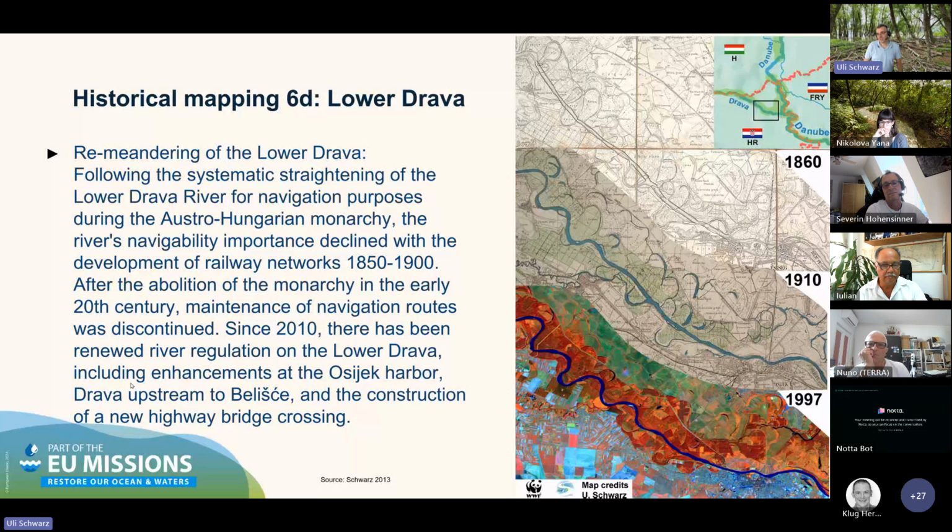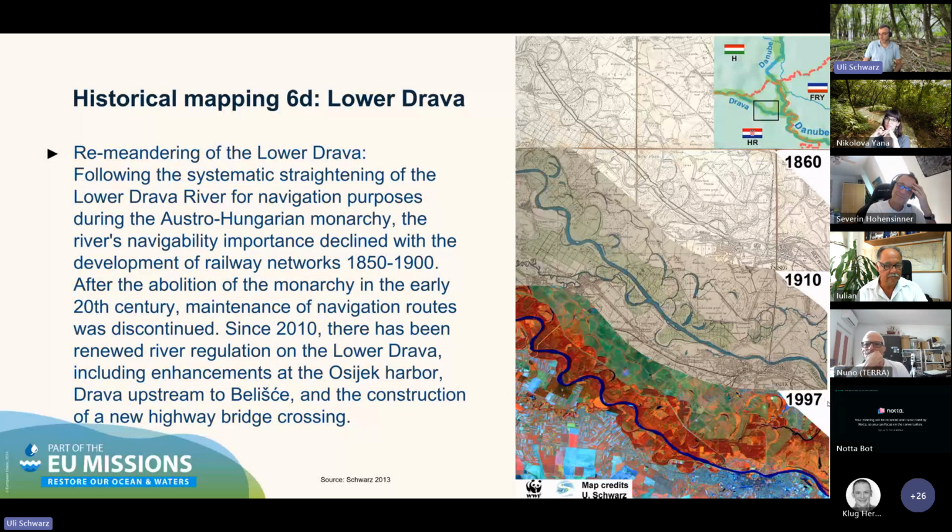And after the monarchy, the river started to re-meander by itself. So no restoration work was done or anything like this. This is the pure natural power to re-meander. And you can see now finally here 1997.